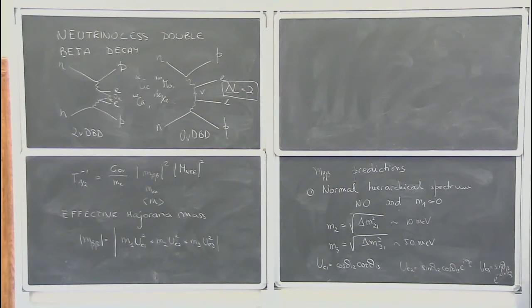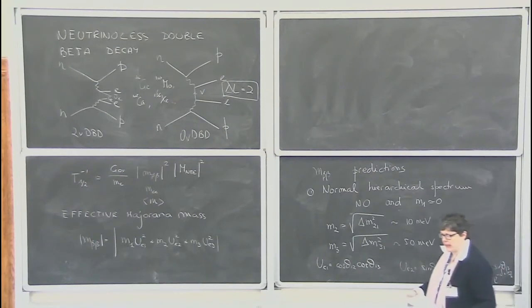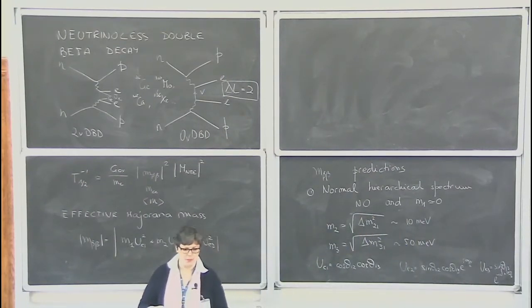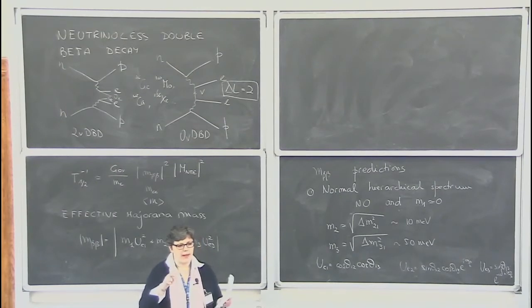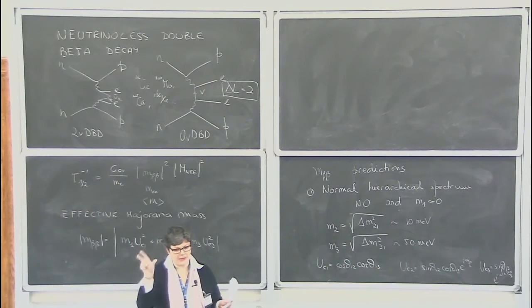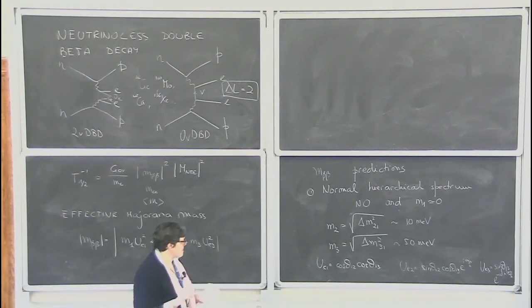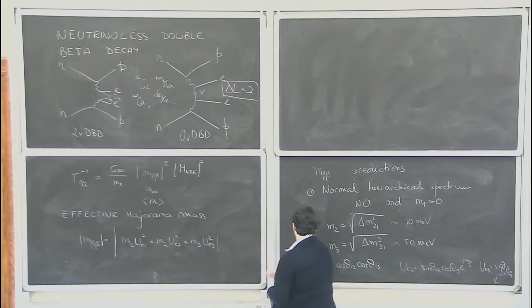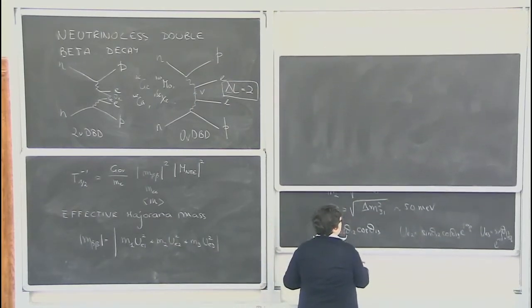You remember in the parameterization, in that formula 6 in the notes that I indicated on Monday, we have the 3 by 3 matrix containing the delta phase multiplied by a phase matrix which is diagonal. Okay, so now we have all the elements, we can plug it in here and look at the values we obtain.